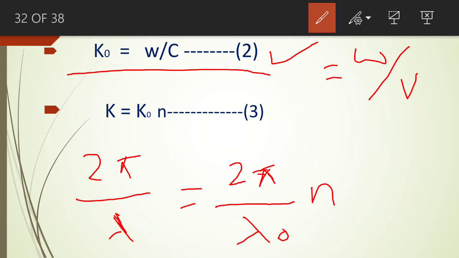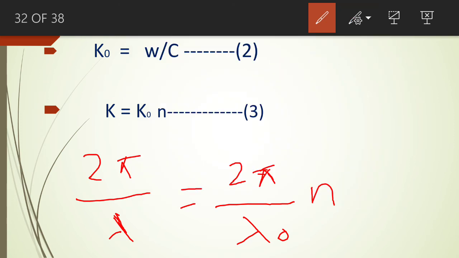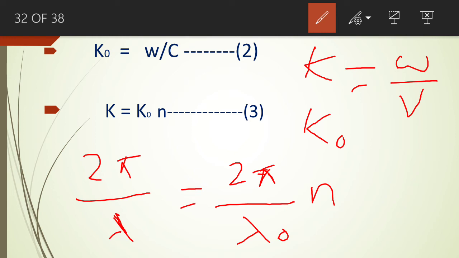Let me consider these two equations for you guys. We consider k, which is equal to omega by v, and then we consider k naught, which is equal to omega by c.